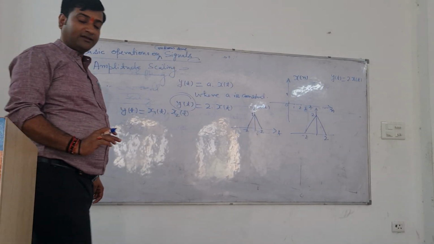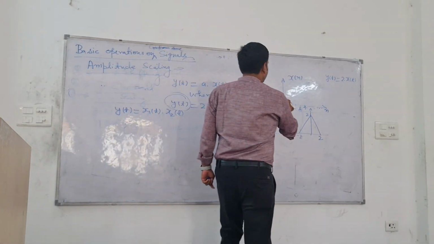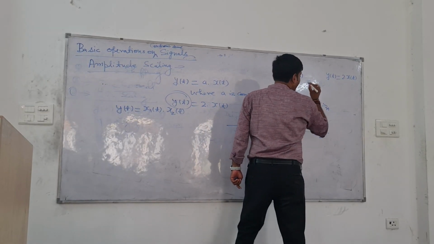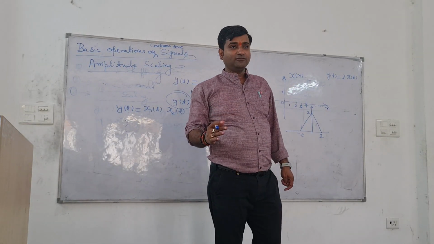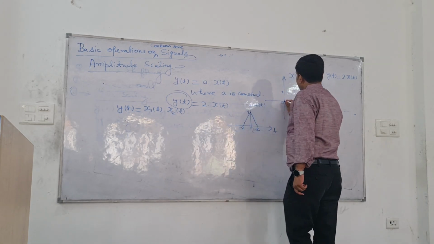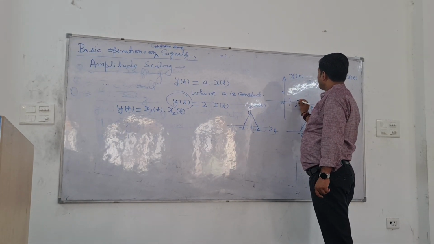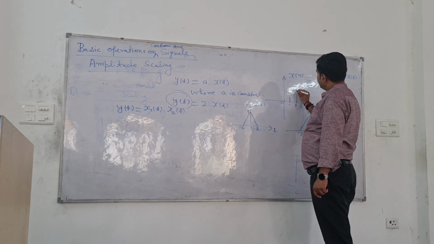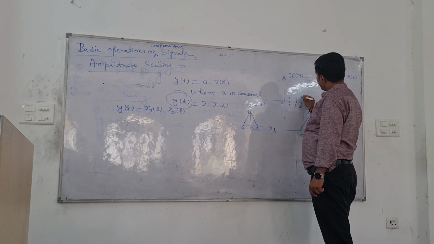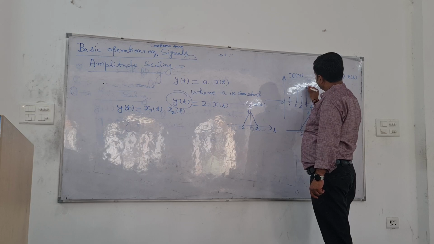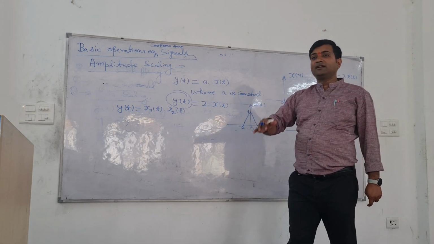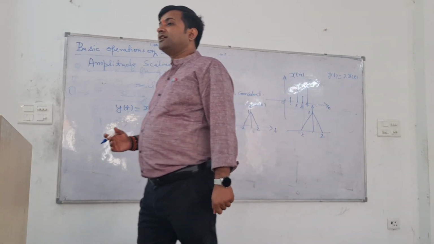You have represented 1, 2, 3, 4, 5. This is the integer value. Here this is the amplitude. Here this is 1, this is 2, this is 1. Likewise, this is the sampling line sequence.